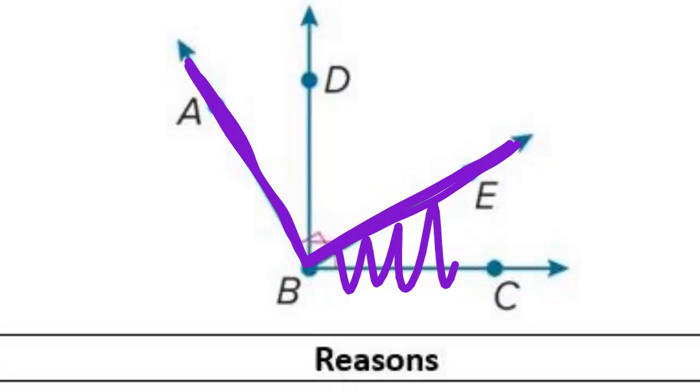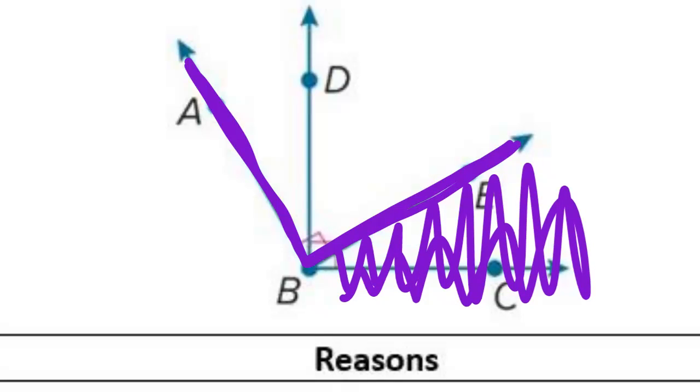I want you to ignore this part for just a moment. What is it that we know about ABE again? It's a right angle. It's equal to 90 degrees. Is it made up of smaller angles? What are the two smaller angles that are being put together to make ABE?